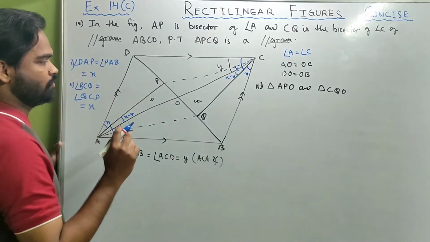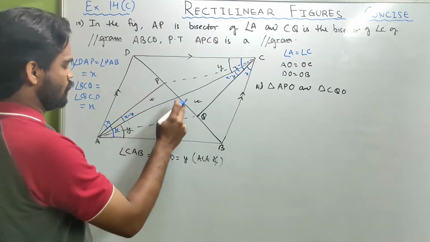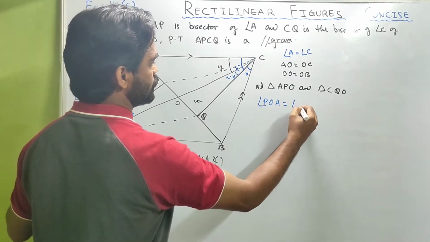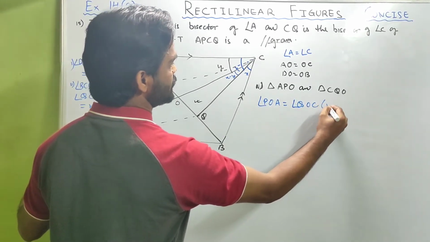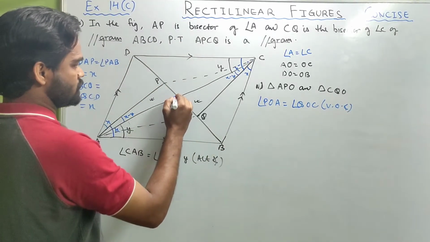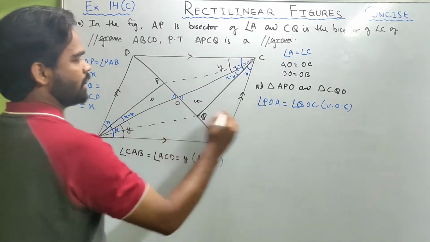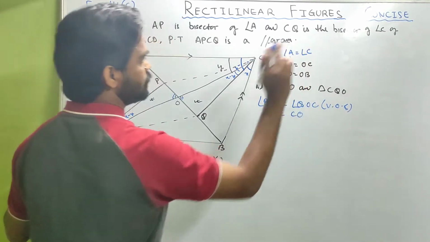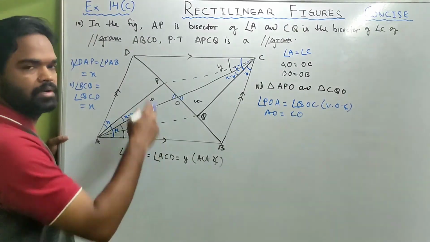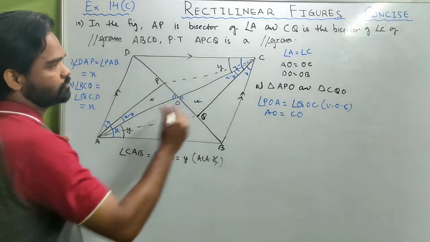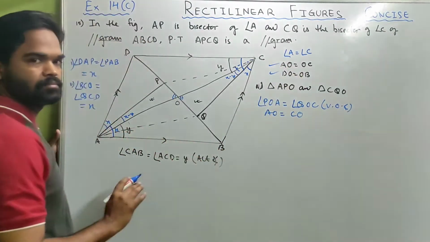Now look at these two figures. Angle POA is equal to QOC, that's vertically opposite angle. So this angle and this angle are equal. AO is equal to CO, because in the parallelogram the diagonals bisect each other, already said.